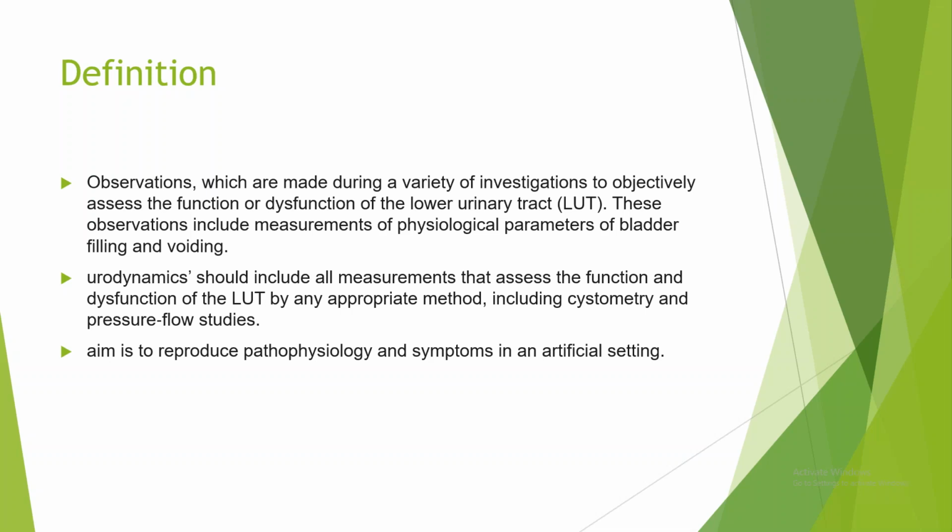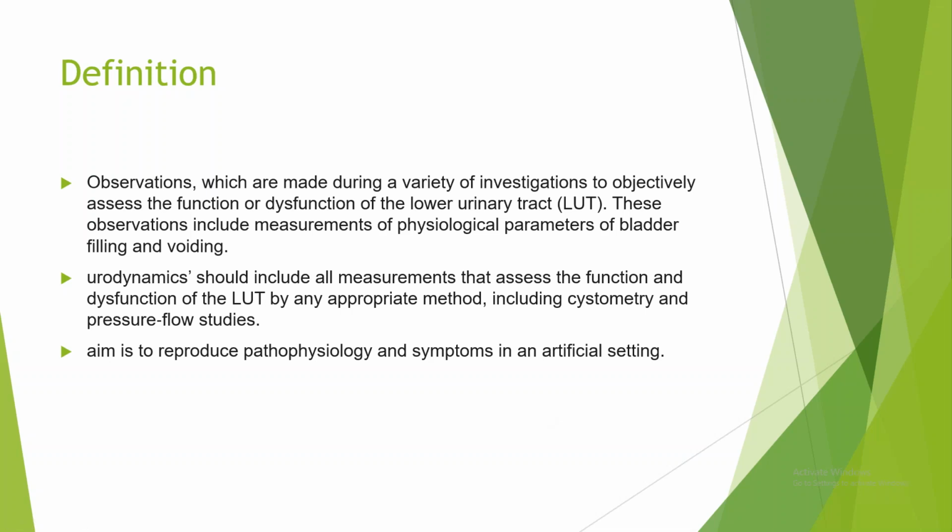Basically it includes the physiological parameters of bladder filling and voiding. So it is an observation made during bladder filling and bladder voiding. Bladder filling studies are called cystometry, and voiding studies are known as uroflowmetry. So basically these two studies compile urodynamics.